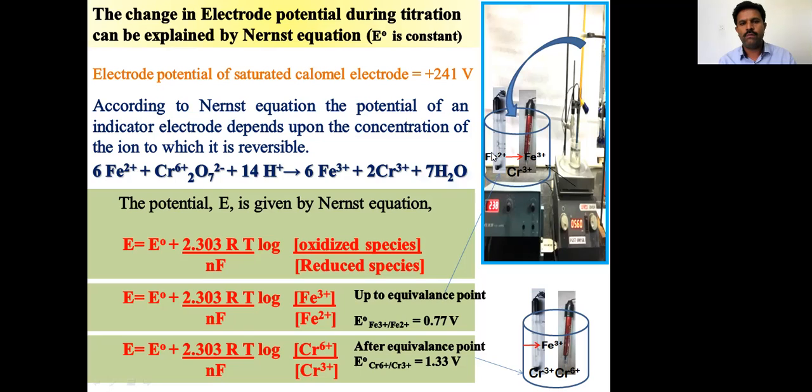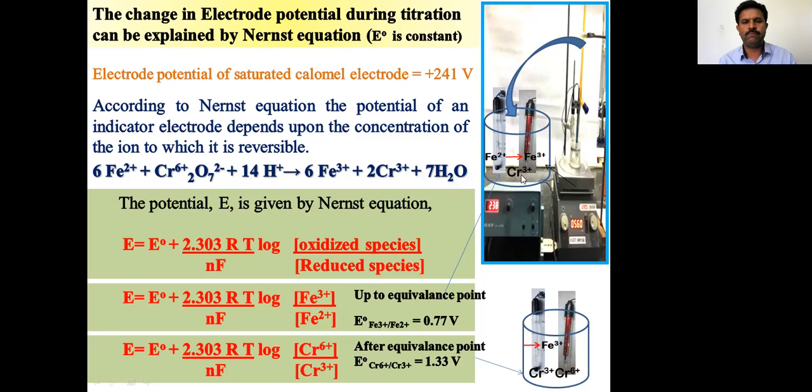Before titration, there is only one type of ion. After addition of dichromate, three types of ions are generated: ferrous ion, ferric ion, as ferrous is oxidized to ferric, and simultaneously the chromium 6+ ion is reduced to chromium 3+. Of course the sulfate ion and H+ will be there, but we mainly concentrate on ferrous, ferric and chromium 3+.